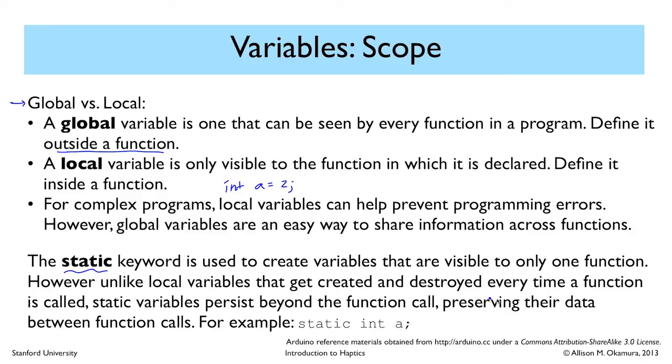So for example, the loop function gets run over and over again. It runs from top to bottom, and then it runs from top to bottom again. If you've declared a variable inside the loop function, and when you declare it, you set it to a value of 2, like this example up here, then every time you come back into the loop function again, it's going to reassign that variable to 2 again.